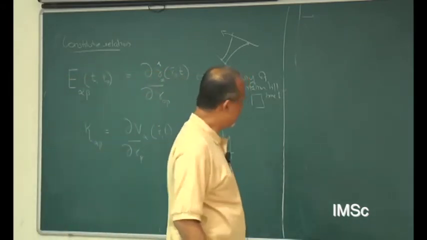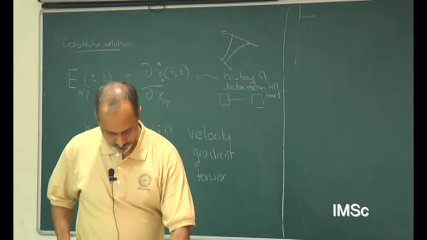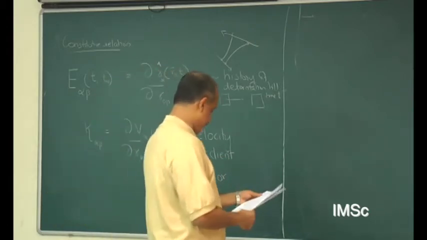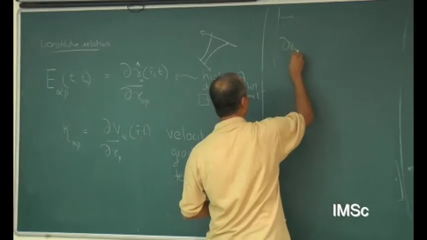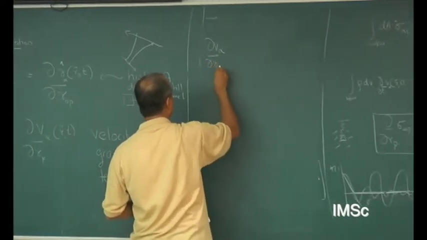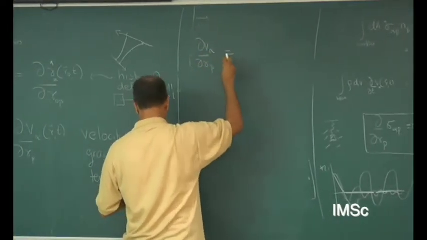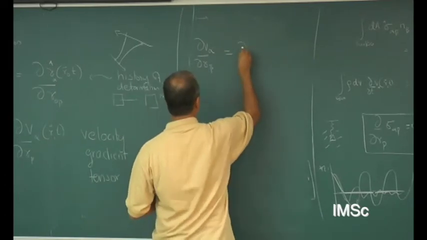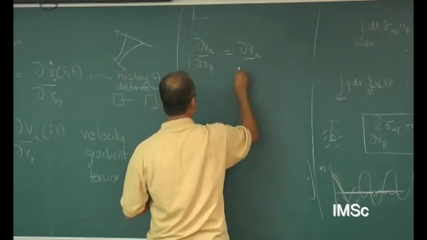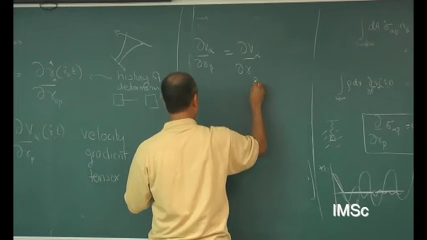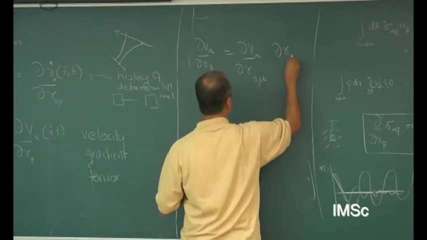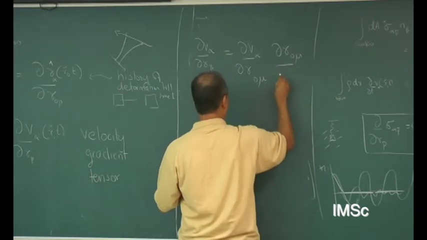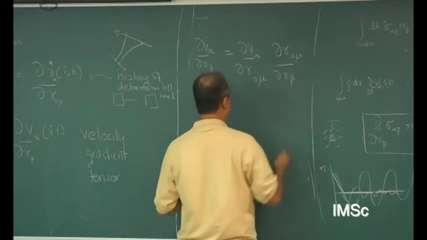So here is a little bit of algebra, which I can do essentially in one line, that says that delta V alpha by delta R beta can be written as delta V alpha by delta R0 mu times delta R0 mu divided by delta R beta.